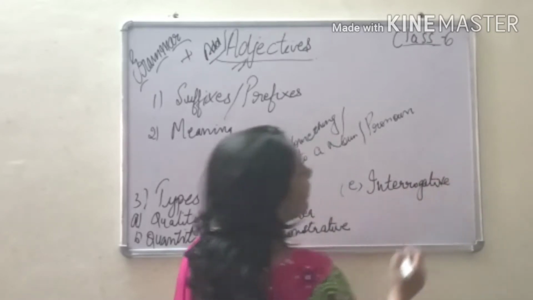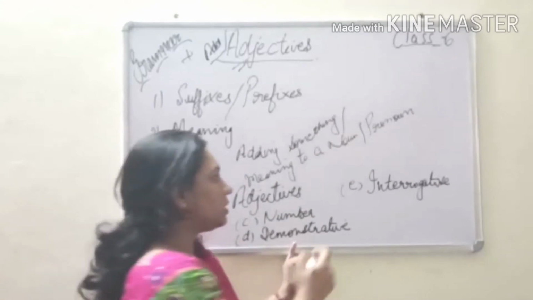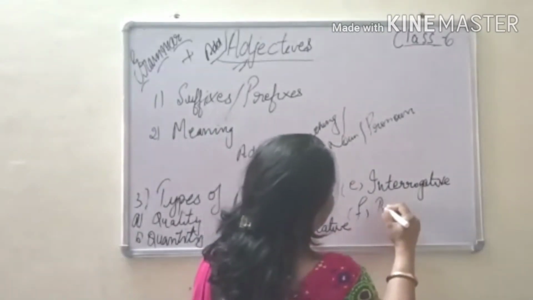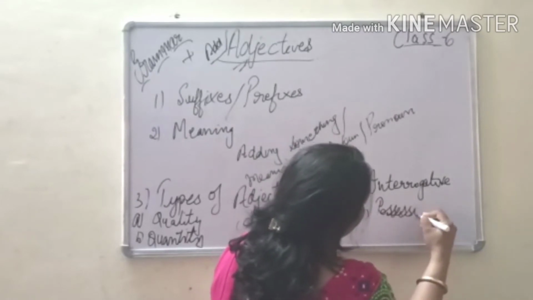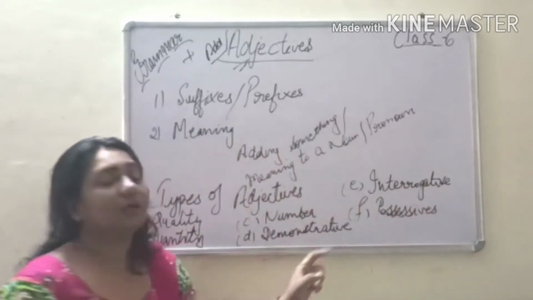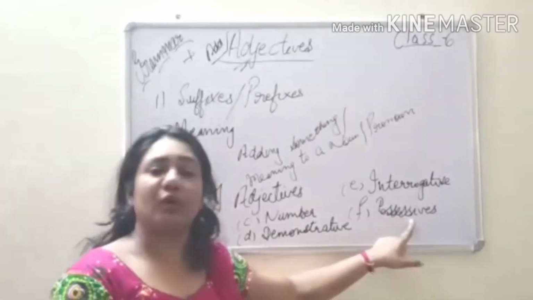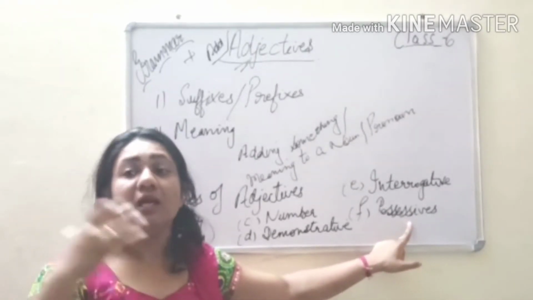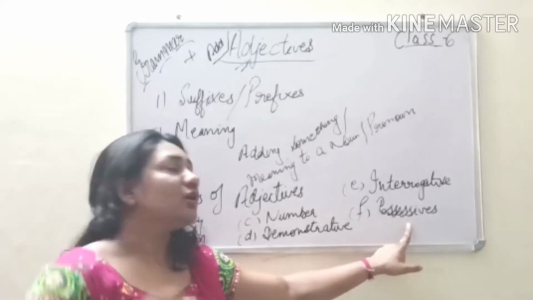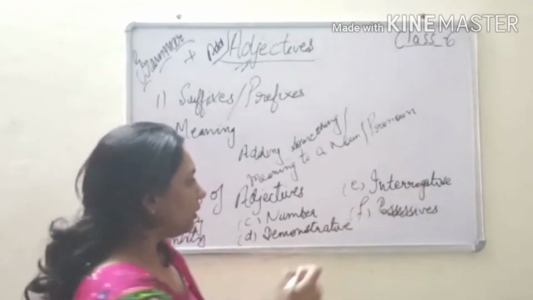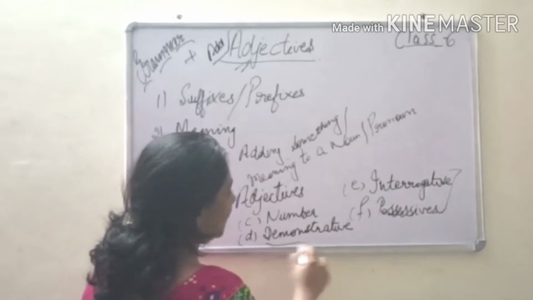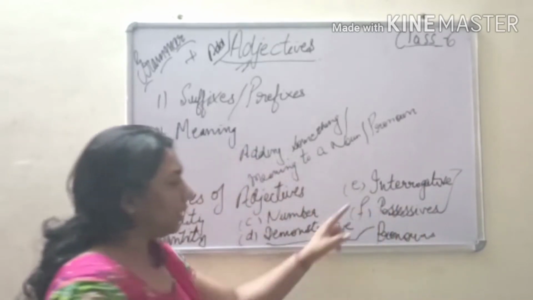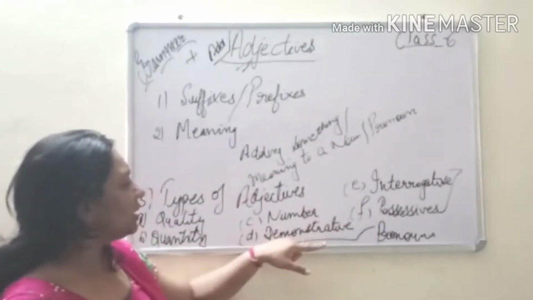Then we have the 6th and last type of adjective, that is possessive adjectives. If you remember, we also did possessive pronouns in pronouns: mine, his, theirs. These 3 are similar to pronouns, but we have them in adjectives also. So we will be doing these 3.